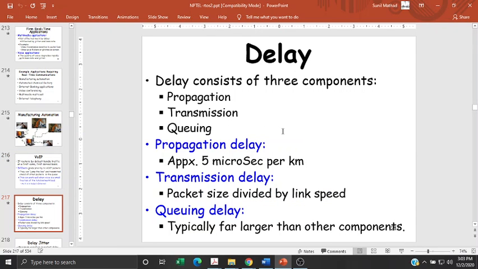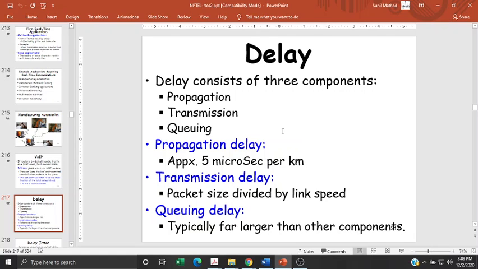Delay consists of three components: propagation, transmission, and queuing. So propagation delay is with respect to physical reality. You are either using a copper wire or optical fiber within which the signal makes a transition from 0 to 1 or 1 to 0, and the same is replicated at the other end due to some RC component.